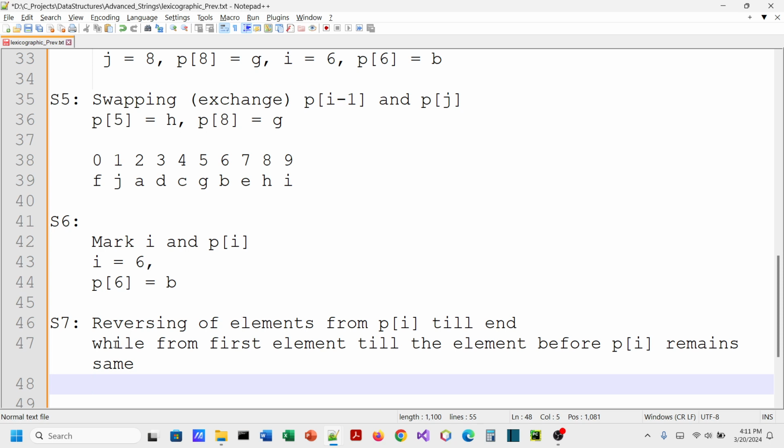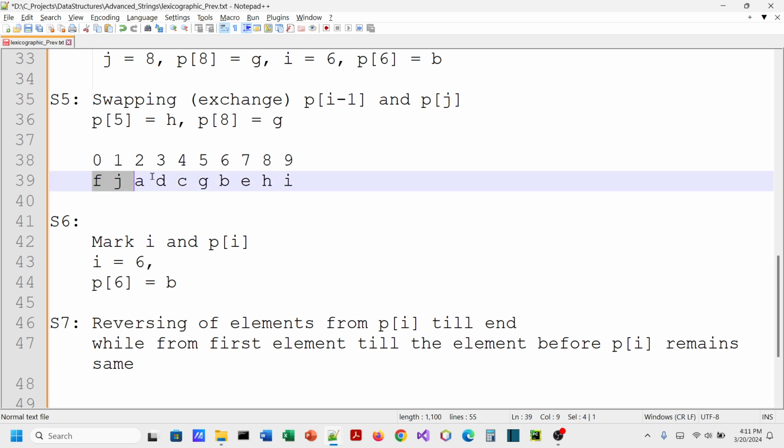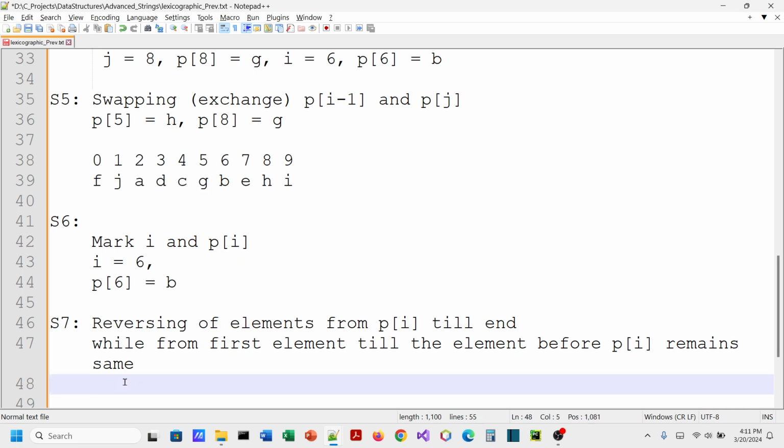So what does it mean? Reversing the elements from p of i till end, while the elements from the first element till the element before p of i remain the same. Here p of i is p of 6. So I am going to copy this and put it here.